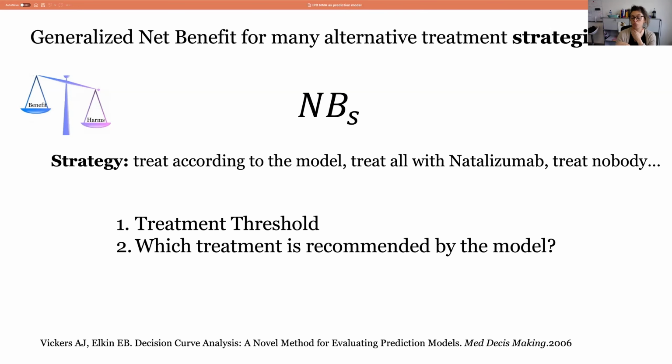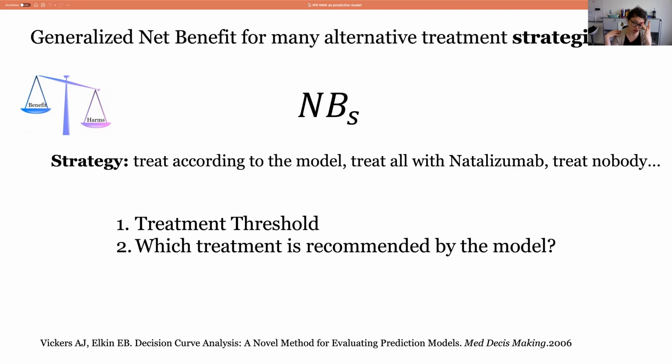But there is also the option to treat everybody with natalizumab, everybody with dimethyl fumarate, and so on, or to treat nobody. So in practice here, we have three strategies: treat everyone with one of the three active drugs. Fourth strategy is to treat nobody. And fifth strategy is to treat according to the model.